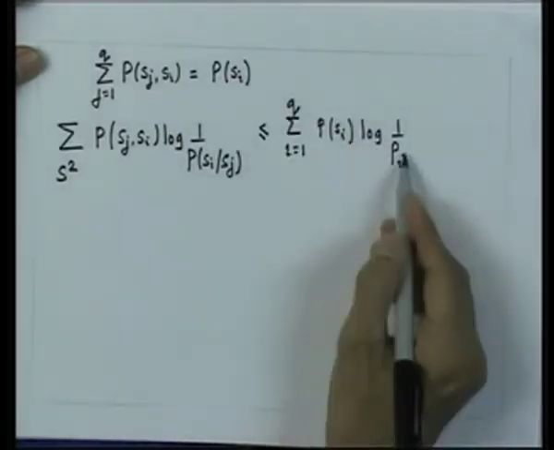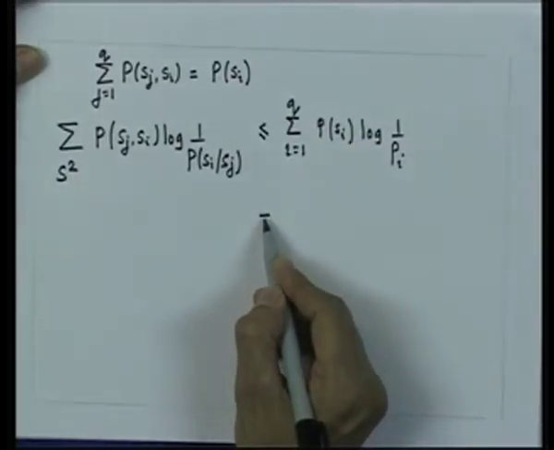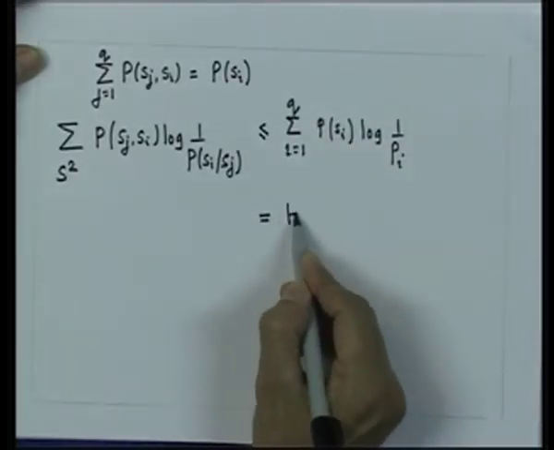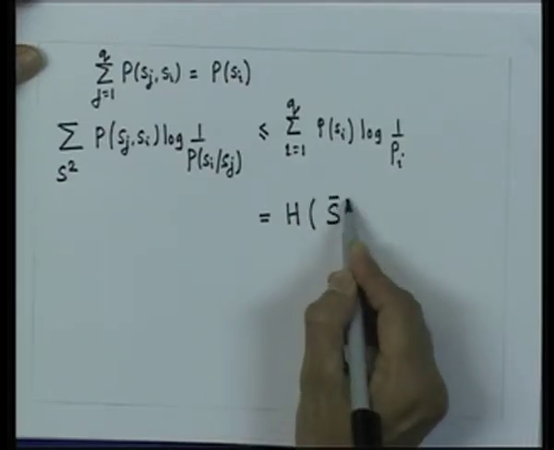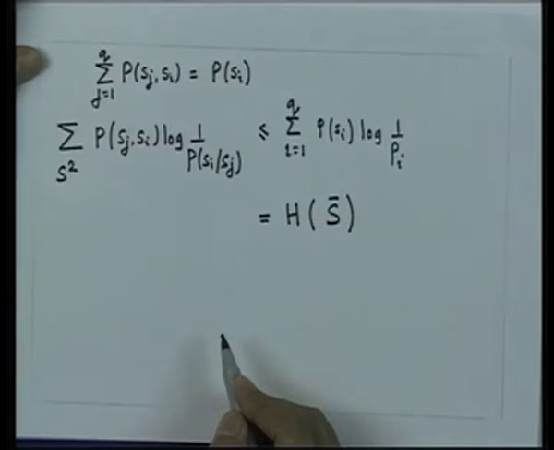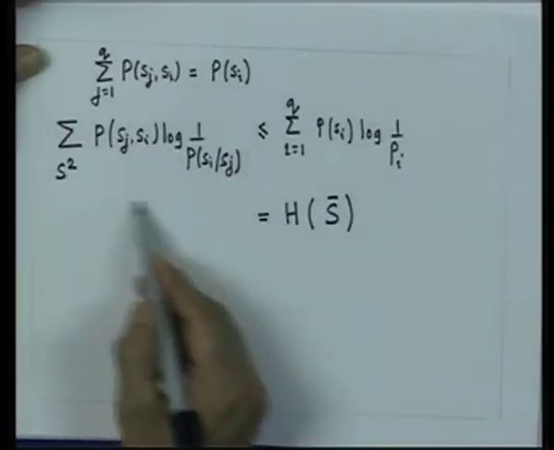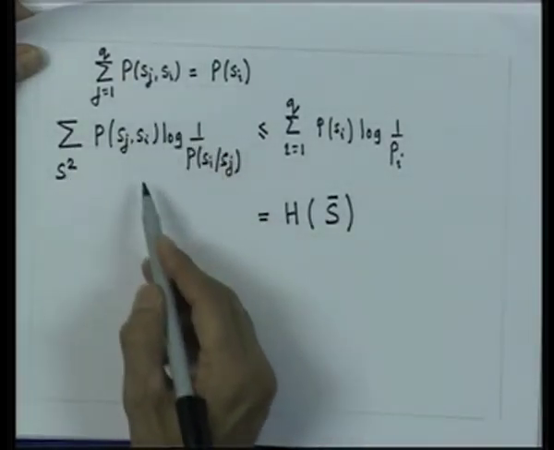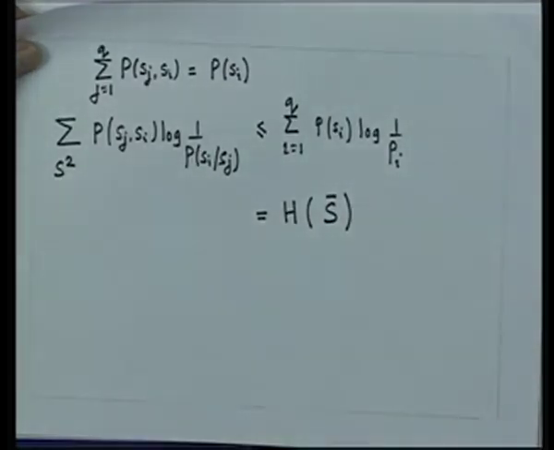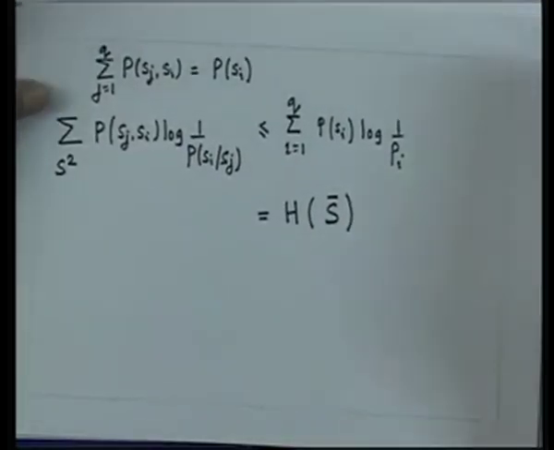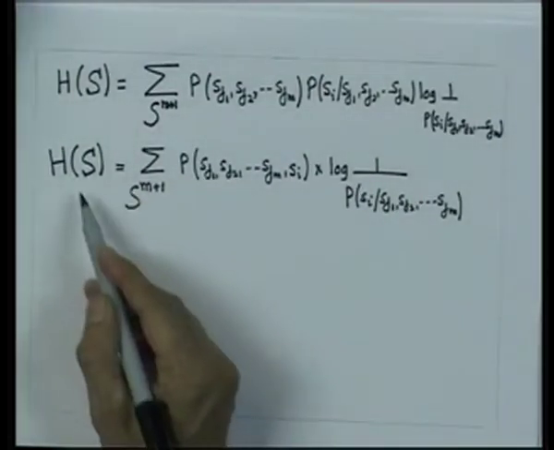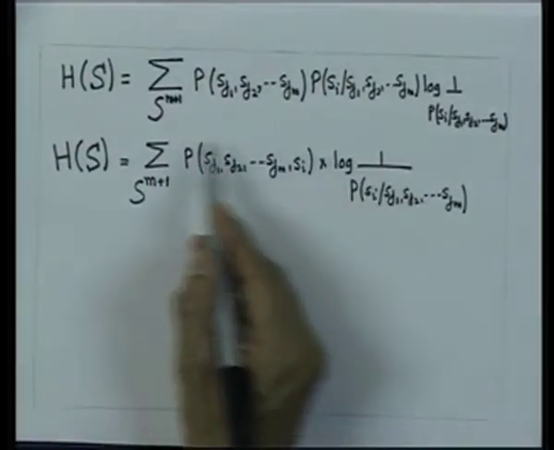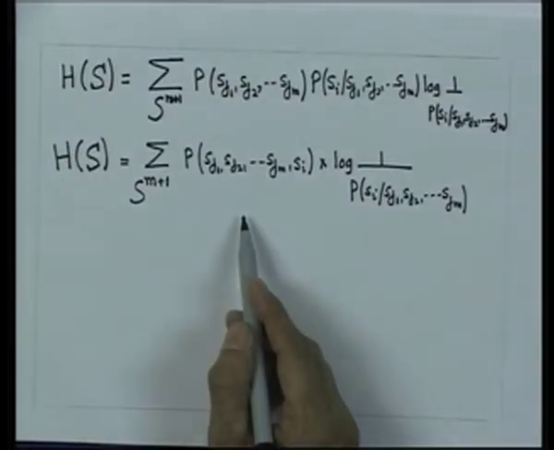This quantity is nothing but, by our definition, the entropy of H S bar, and this quantity out here is very easy to identify in the light of what we have done earlier today. This is the expression which we derived for the entropy of an mth order Markov source.